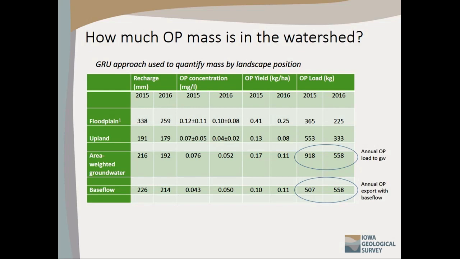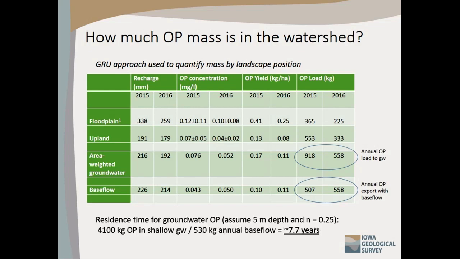The next year, crazily enough, it was the same. Given all the errors associated with this, it was hard to see that happening, but we had an equal balance that year. So you can estimate a little bit about, are we adding orthophosphorus, or are we in balance, so it gives you some idea of what is the mass balance of phosphorus in this watershed.